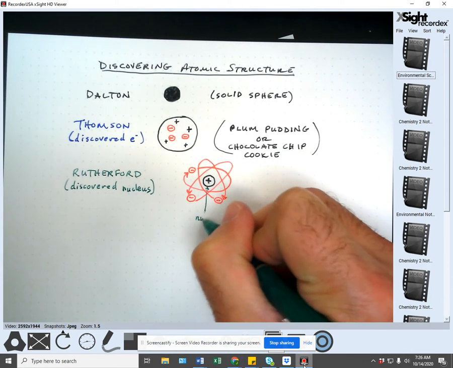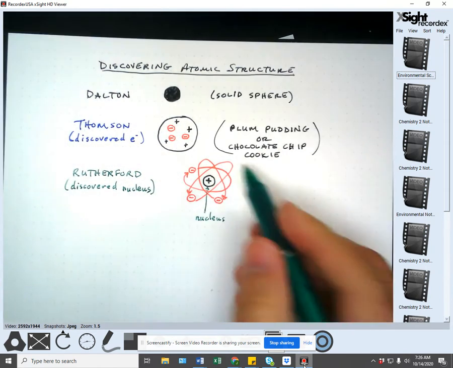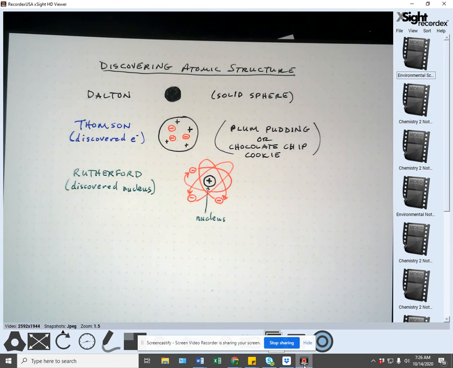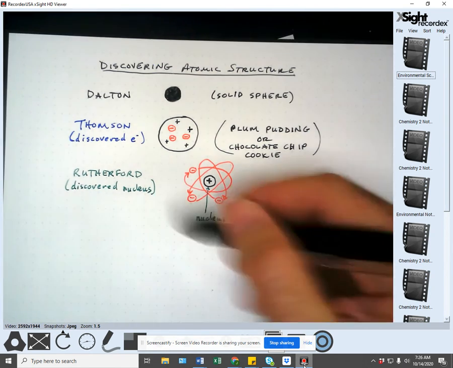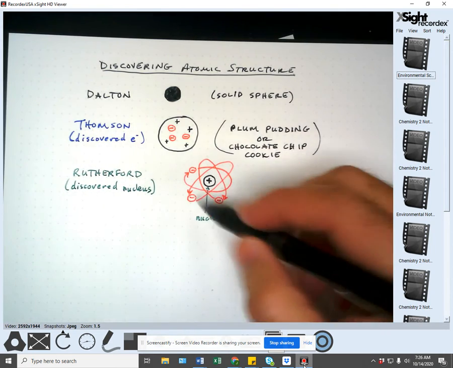That's the nucleus, and the whole atom is this whole thing. So this is Rutherford's model of the atom after they discovered the nucleus, and the rest is all empty space with the electrons orbiting around.